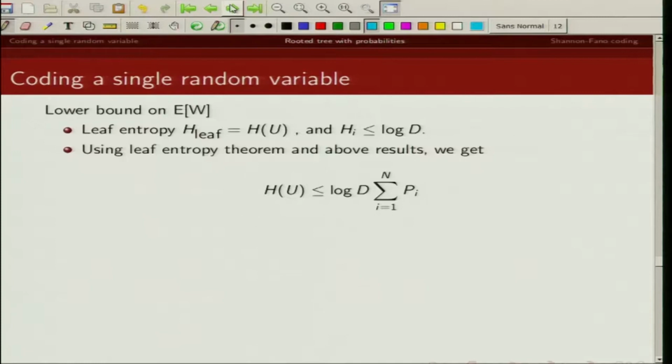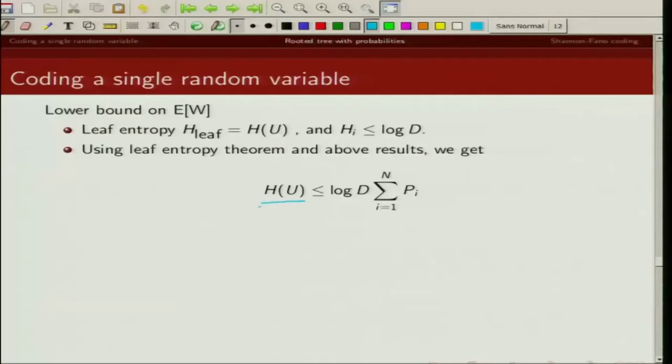So then, invoking the leaf entropy theorem, which says that leaf entropy is equal to the summation of Pi Hi, where the summation is taken over all the nodes including the root node. So this is our leaf entropy, right?